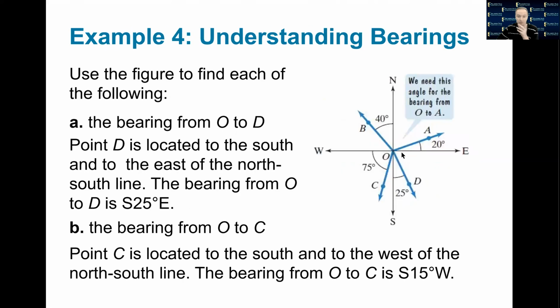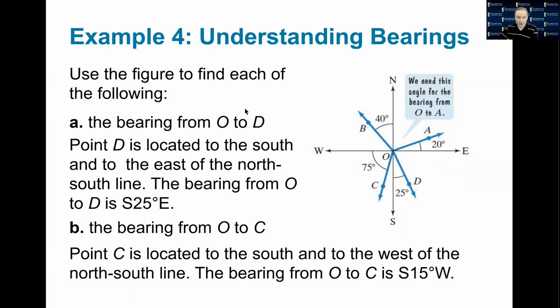No, I don't. So I'll go ahead and talk about it even though I didn't write it over here. The bearing OA, it's going north, and it's going 70 degrees east of north. I would write this as north and then 70 degrees east. I would read it as the ray OA is 70 degrees east of north.